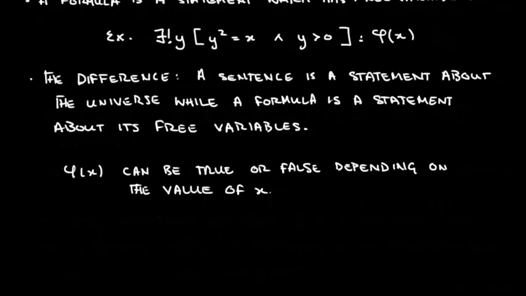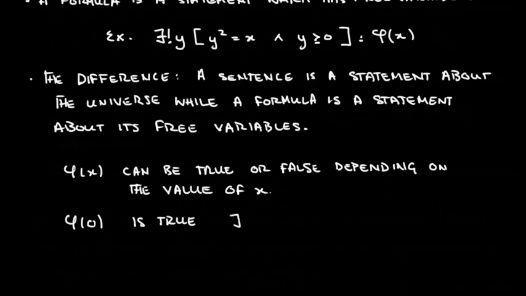For instance, let's say we just modified this formula right here so that y is greater or equal to 0. Then we could say that phi of 0 is true, because when x takes the value 0, then there exists a unique real number y such that y squared is equal to 0, and that is 0 itself.